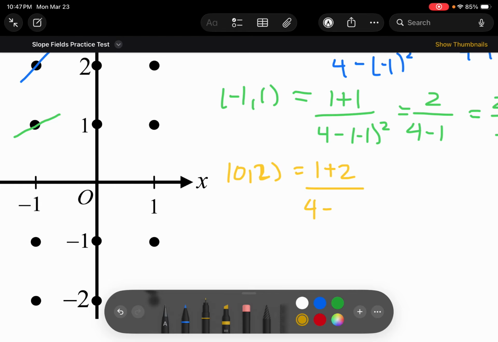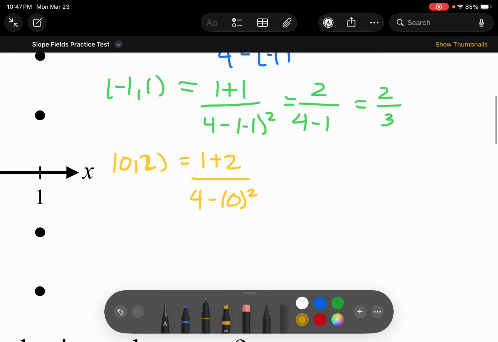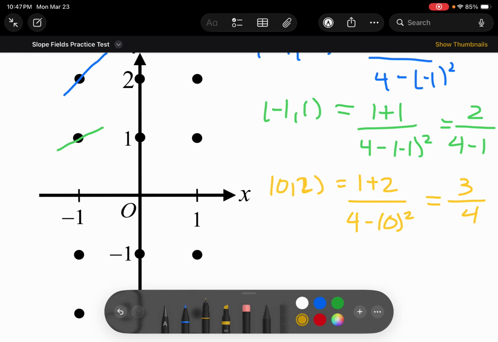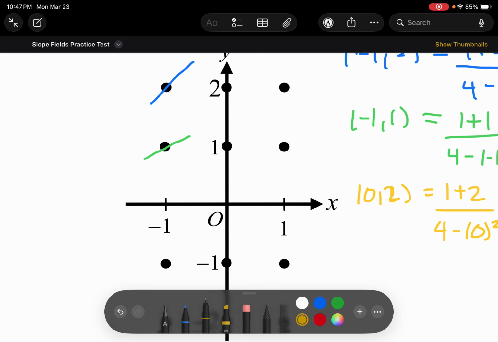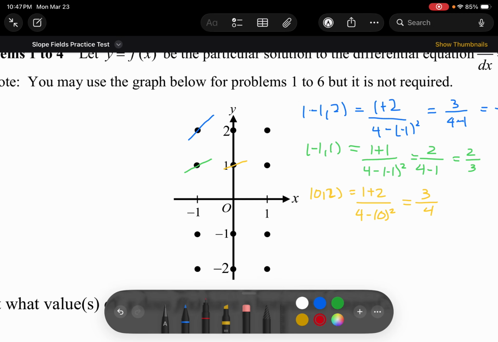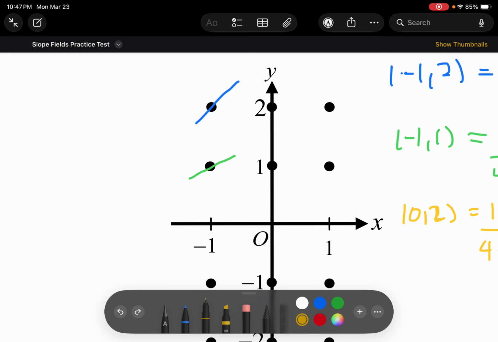So it's going to be 4 minus 0 squared, which is 4. It's 3/4. So your graph should look a little bit something like this. Oh wait, this is the wrong one. There you go. It looks something like that.